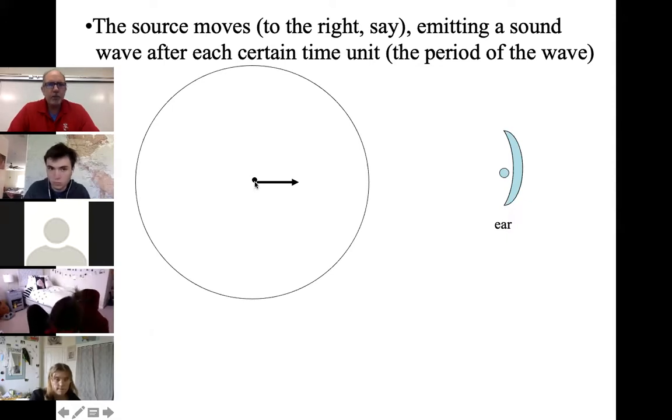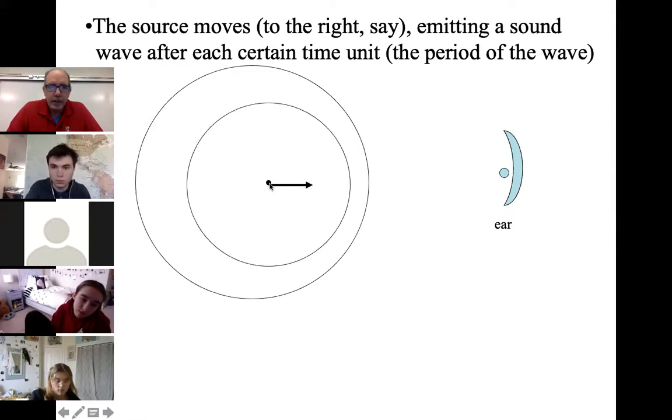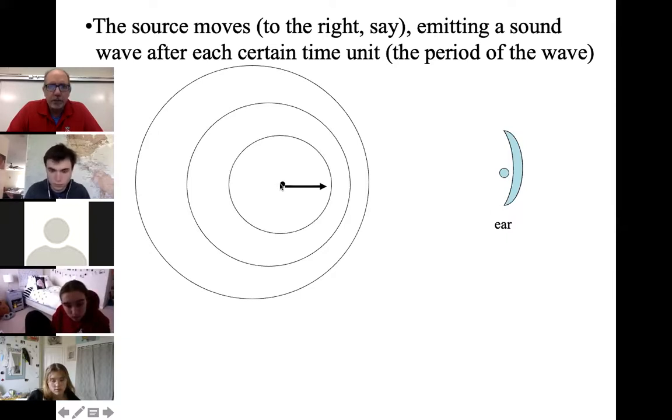In the time of one period of the wave, the source moves a little bit to the right, and emits another sound wave. One period later, it is here. Notice each wave is circular around the source, but if the source moves, the wavefronts are no longer concentric circles. Instead, they are bunched up in the front.